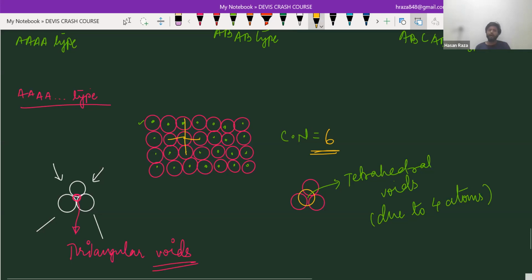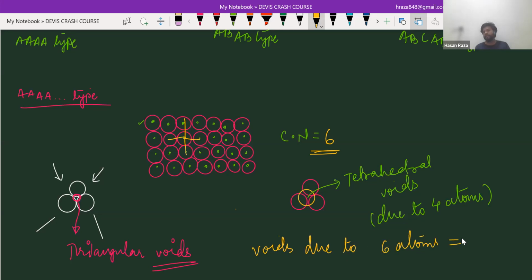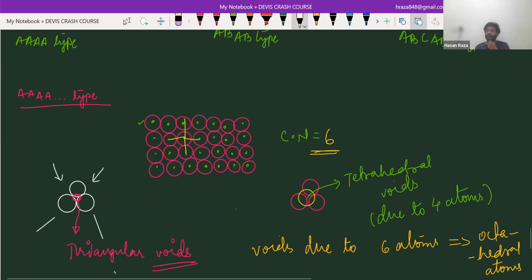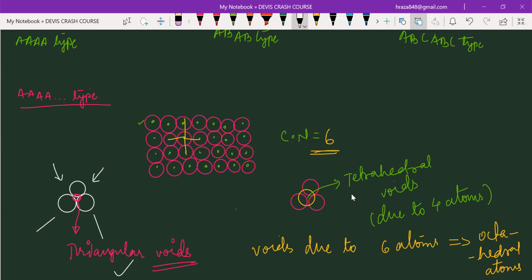Now, if you have a void due to 6 atoms, that is known as an octahedral void. Don't go for 8 atoms. Students generally connect triangular voids with 3 atoms, tetrahedral voids with 4 atoms, and octahedral voids with 8 atoms.